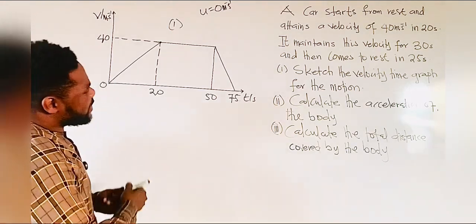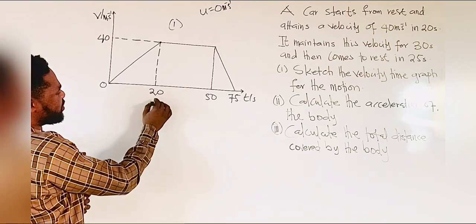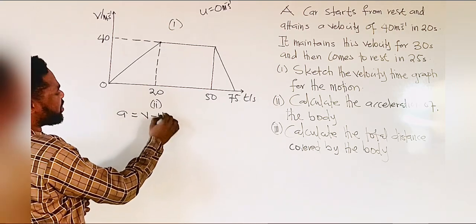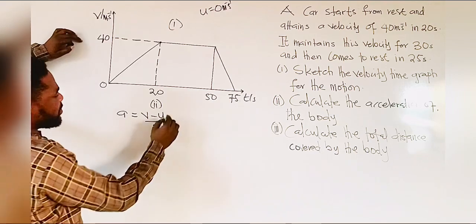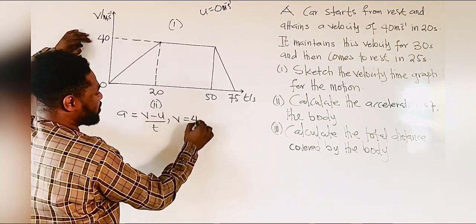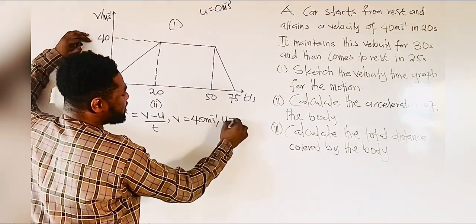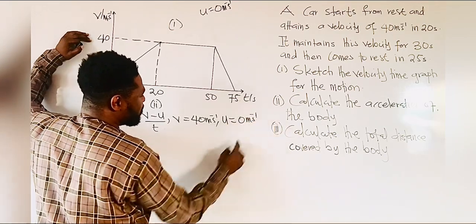Okay, let us look at part II. In part II, we are looking for what? Acceleration. And we know that acceleration is equal to v minus u all over t. From the diagram, our v will be the final velocity, which will be 40 meters per second, and the u is the initial velocity, which will be 0 because the body starts from rest.